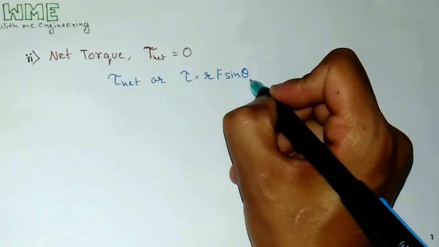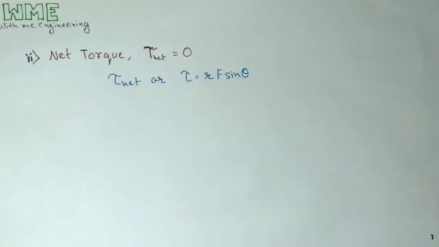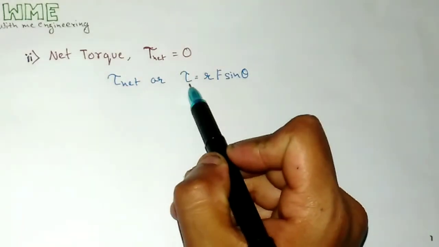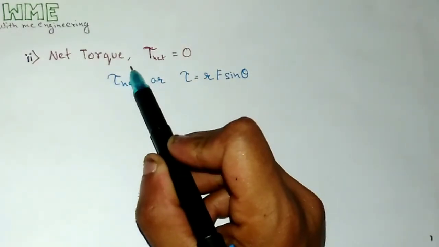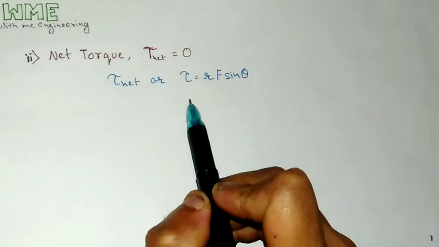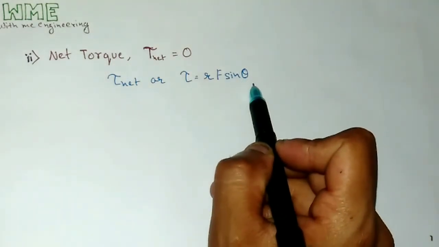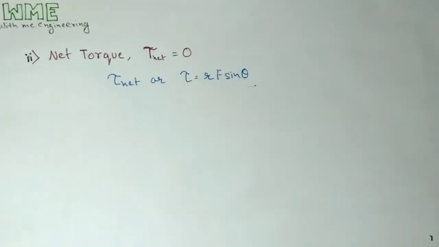This theta is the angle through which the body is being moved. To achieve torque requires forces acting at some angle, that is sine theta. Now let us see how tau net is achieved.